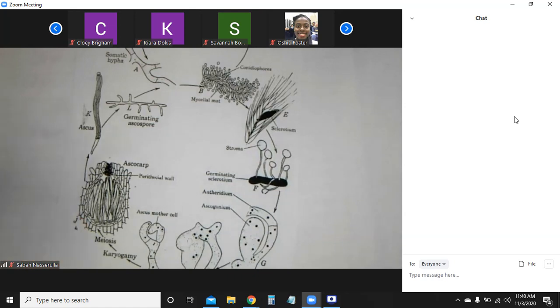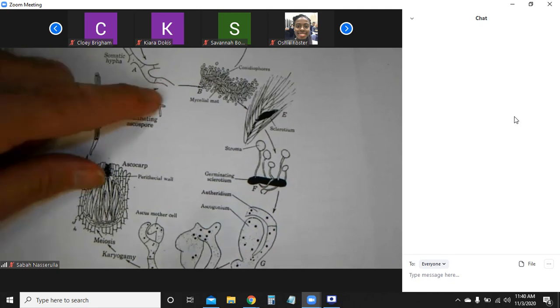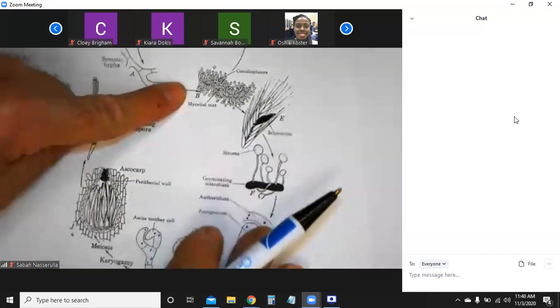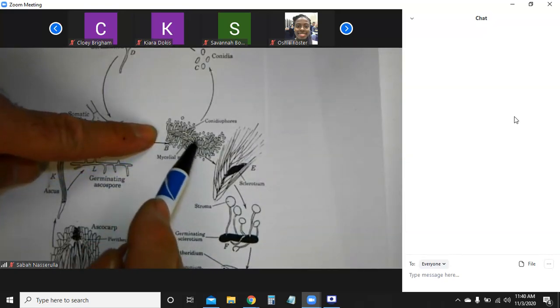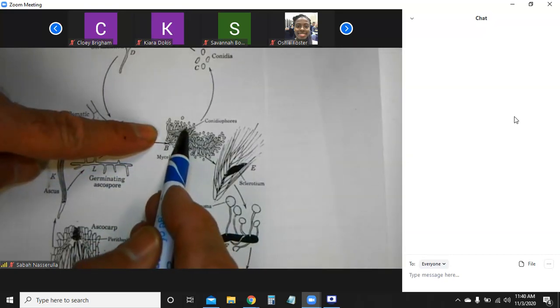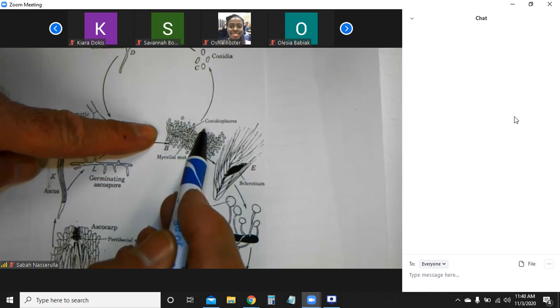In the end it produces what you call a mat of hyphae, and each one is connected with a small conidia.